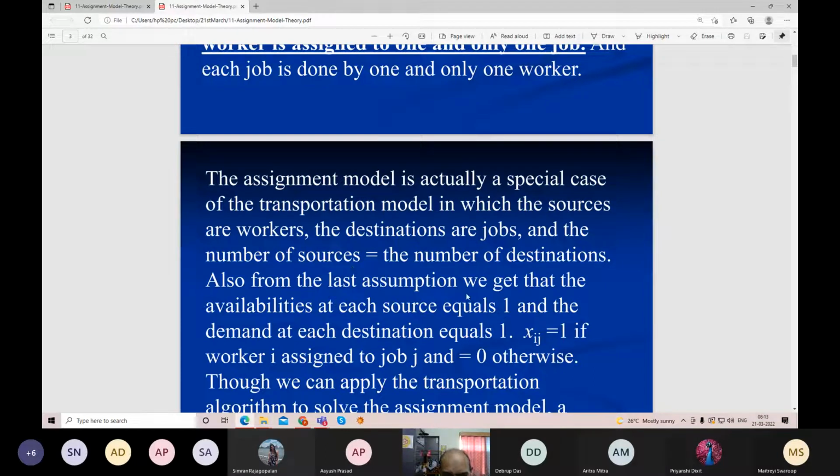Also, from the last assumption, the availability at each source, ai, equals 1, and the demand at each destination, bj, also equals 1, where i varies from 1 to n and j varies from 1 to n. So our decision variable xij equals 1 if worker i is assigned to job j, and 0 otherwise.